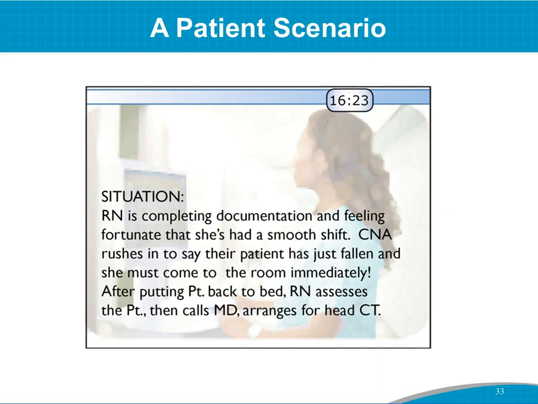their family. So the nurse is completing the documentation and feeling fortunate that she's had a smooth shift. The aide rushes in to say their patient has just fallen and she must come to the room immediately. After putting the patient back to bed, the nurse assesses the patient, calls the physician, and arranges for the head CT.